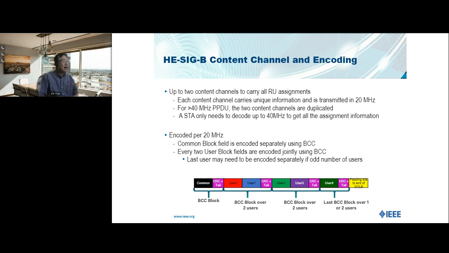Last user may be encoded separately if there is an odd number of users. In OFDMA cases or MU cases, different 20 megahertz SIG-B have different content and they're not aligned, so then we need to pad them together. Okay, in that case, you need to add some padding there.